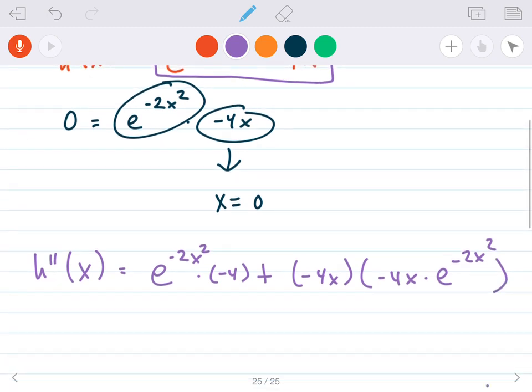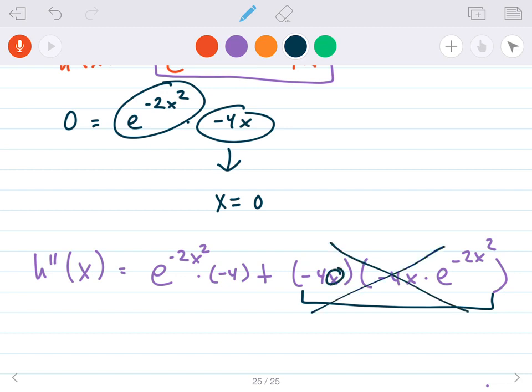Now what I want to do is plug in 0 into my function to see if I get a positive or negative number. Let's hope we don't get 0. I don't think we will. Because if I plug in 0 here, this whole thing goes to 0 because it's all multiplied. So let's see.